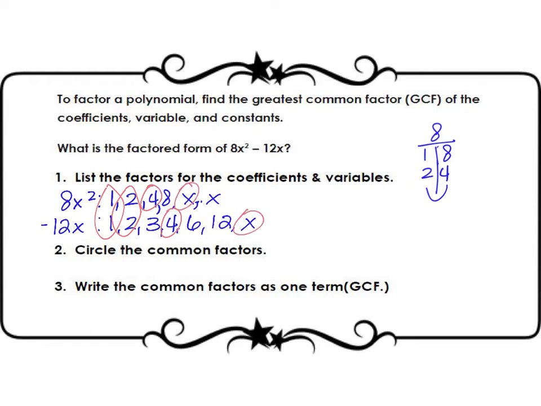So we would pick the greatest common factors for both of those terms, and we're going to create one term. It looks like 4 would be the greatest common factor of the values, and x would also be. So 4x.